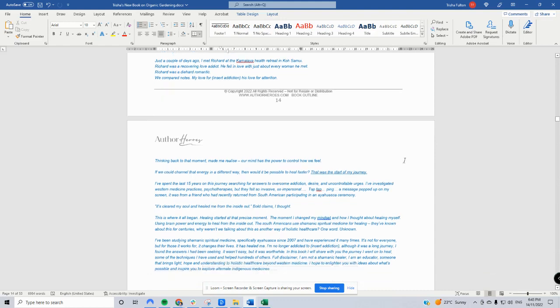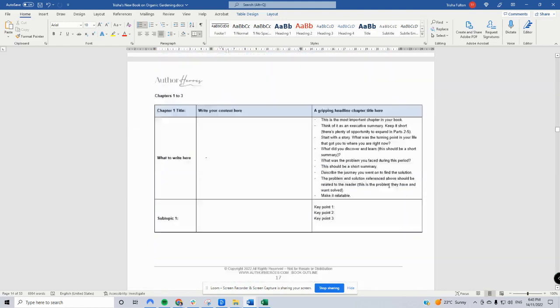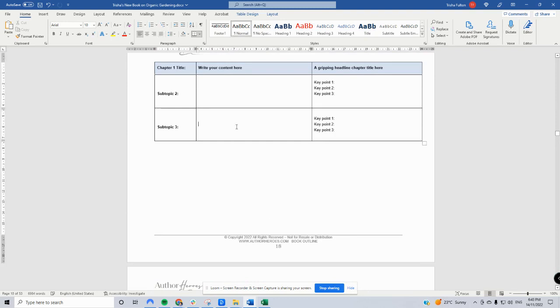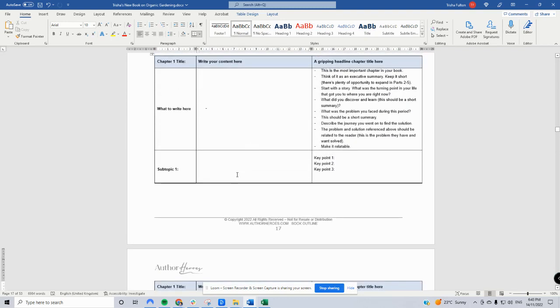Getting back to the book outline. All I would need to do is complete this, go through section by section, and say, for example, nurse to corporate workplace, and then going back to study.